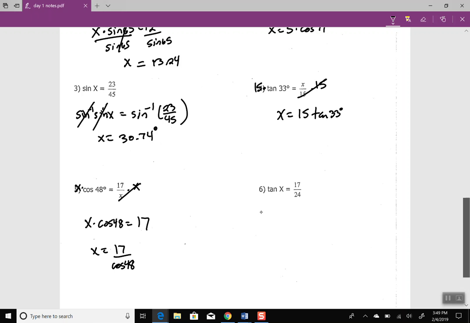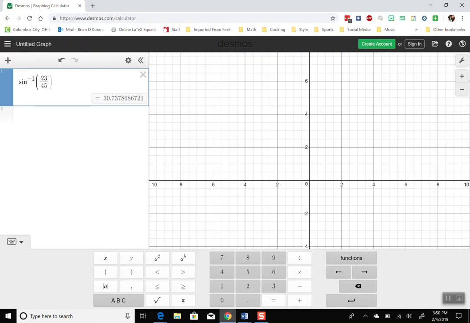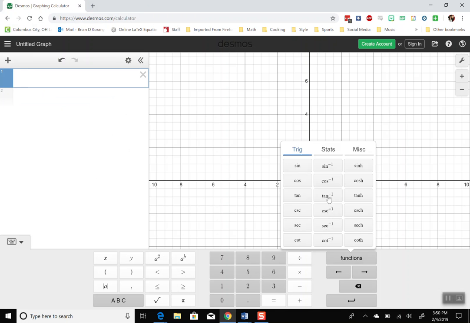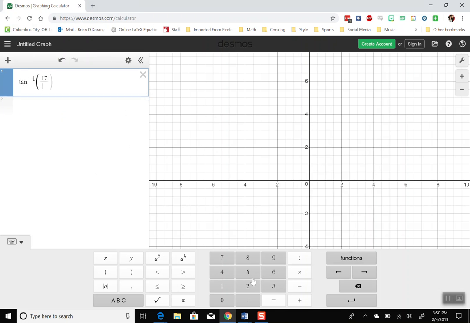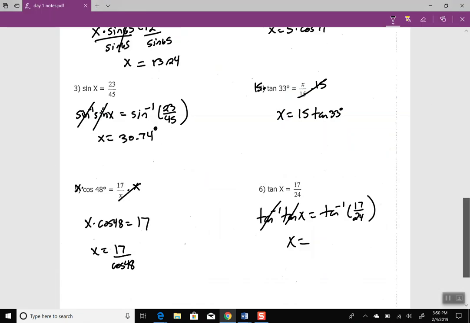The opposite of tangent is the inverse tangent. Cancels. X equals the inverse tangent of 17 over 24. So inverse tangent of 17 over 24 would be a 35.31 degree angle.